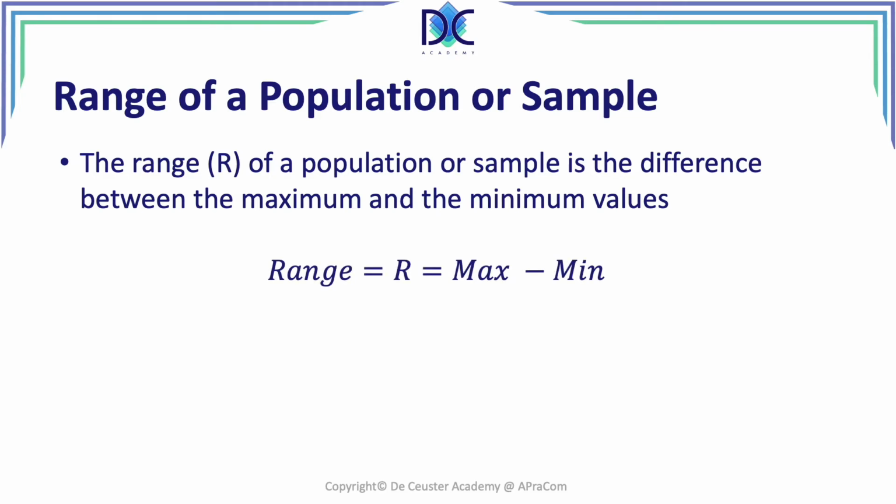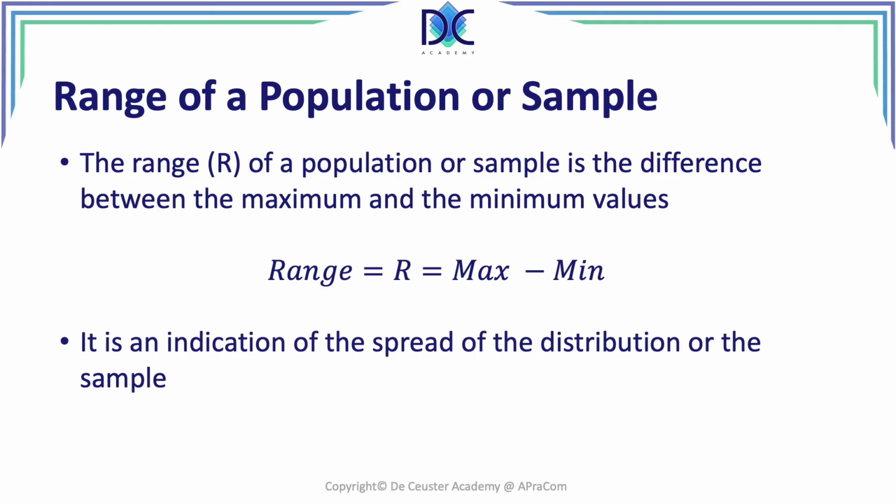So it's max minus min, and typically the range is shown as the capital letter R. We will use that in other applications. It's very easy to measure and gives an idea of how far the distribution spreads around the average value. That's a very important element that we define here.